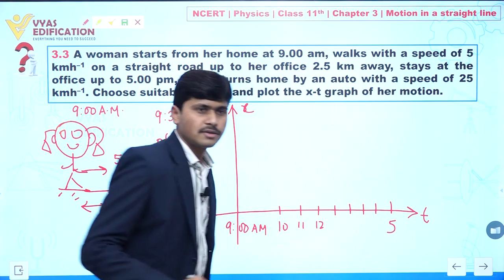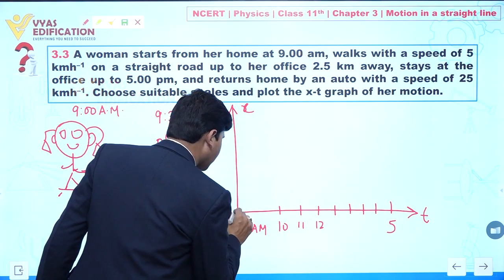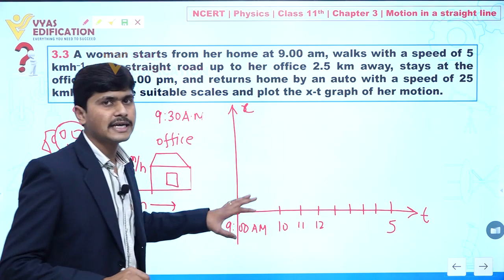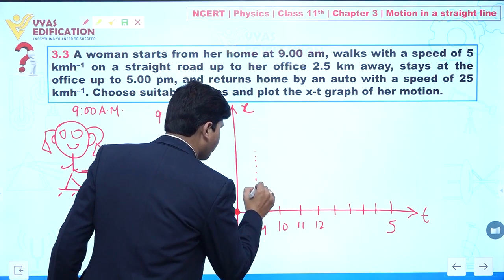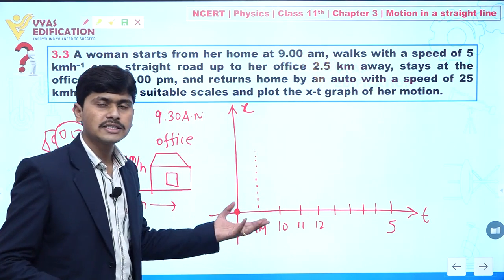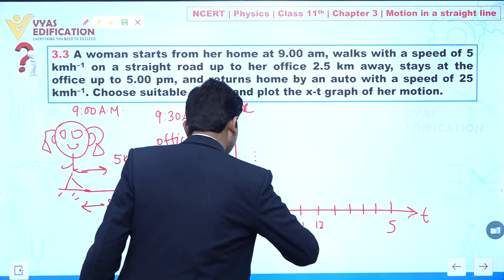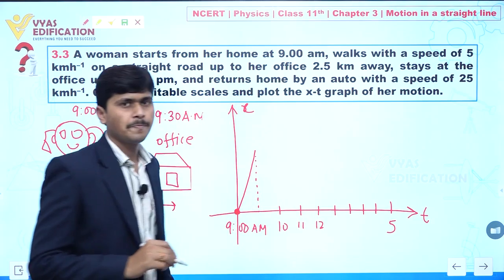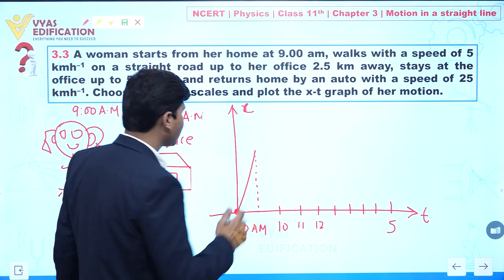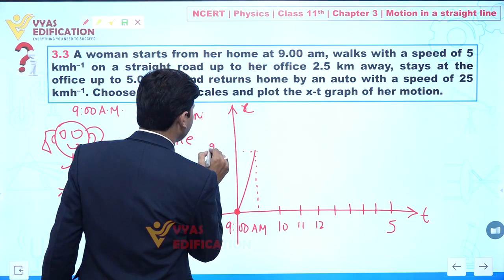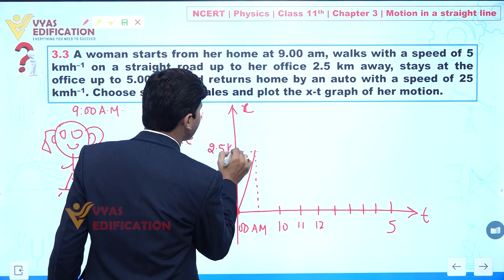So let's suppose at 9 o'clock she is at home. At 9:30, because after half an hour she reaches the office, and she has uniform speed, so in uniform speed the x-t graph is a straight line. And the distance covered is 2.5 kilometers.